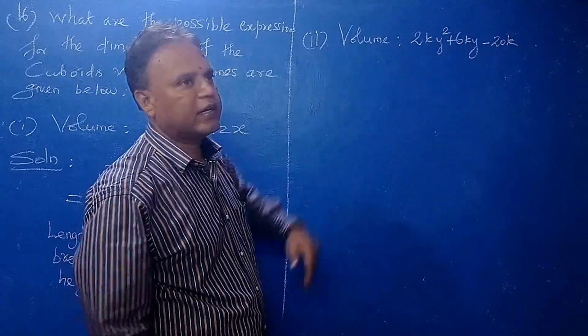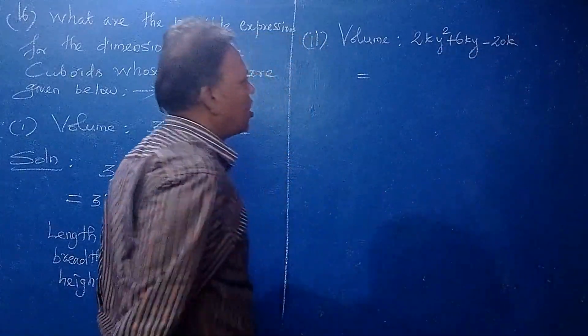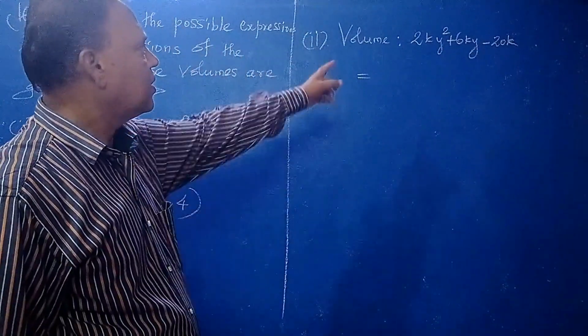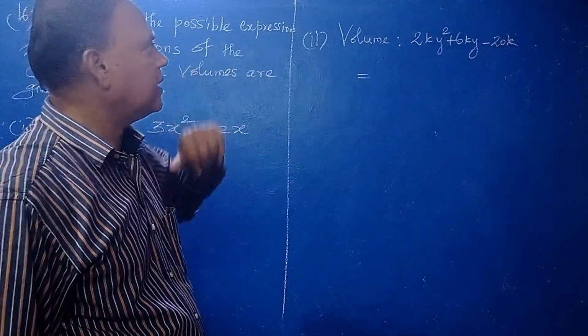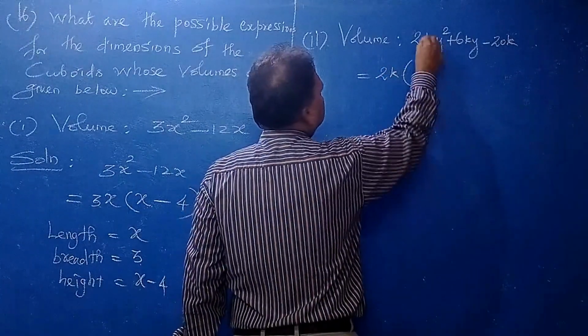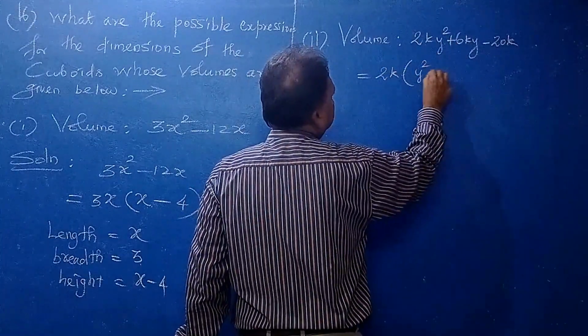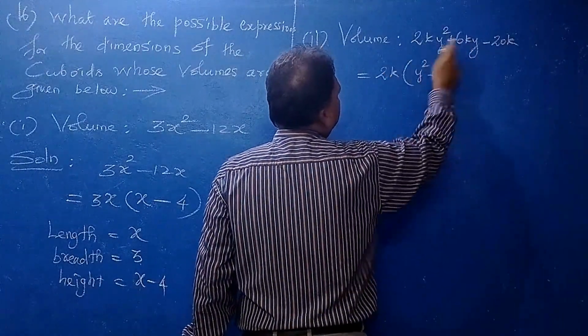Volume is given. Clear. So this can be written as, what is common here? Take common 2k. 2k is common. Clear? You take 2k common. Here you will get y squared plus 3y minus 10, with 2 taken common and k taken common.